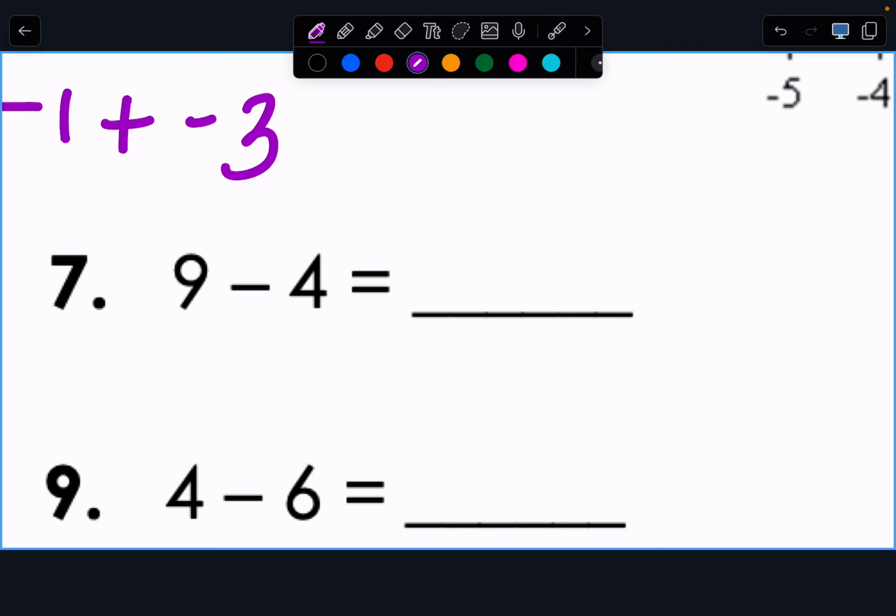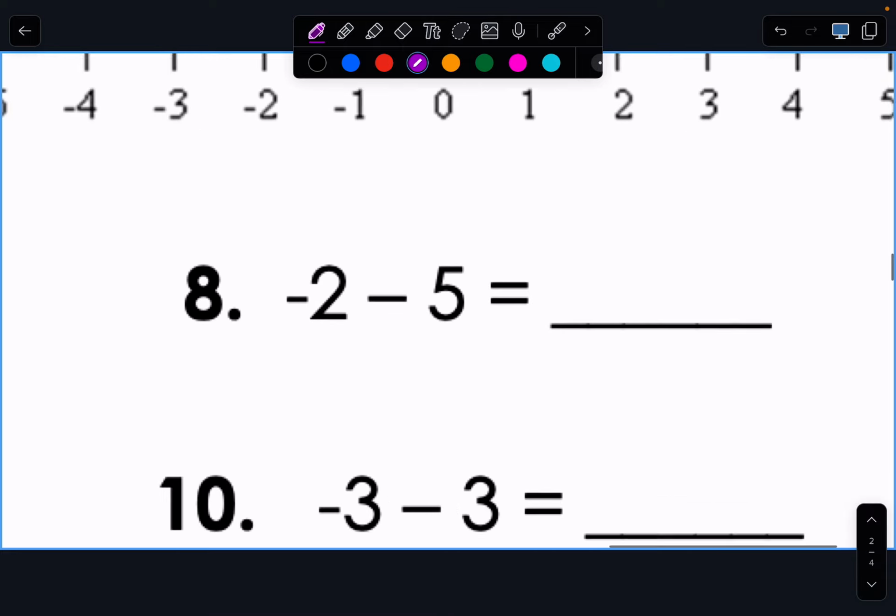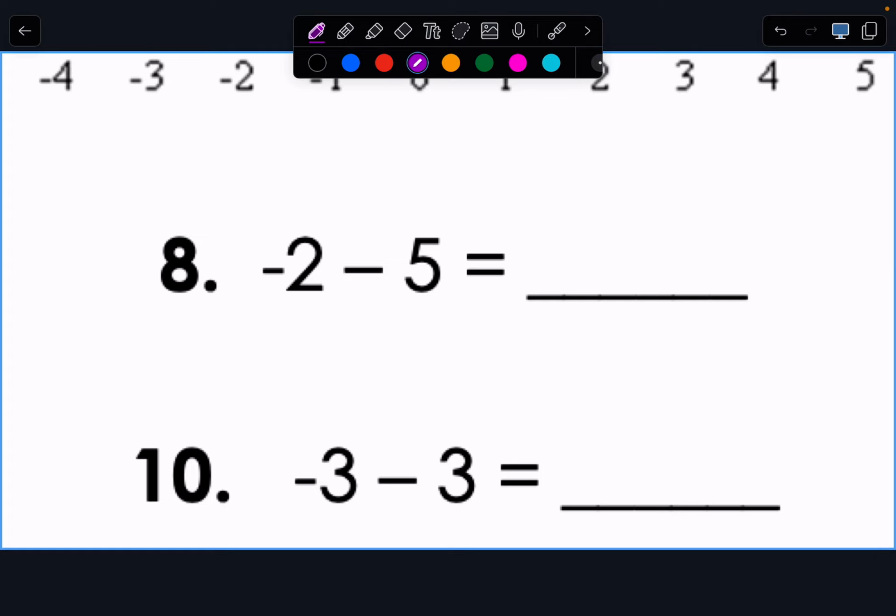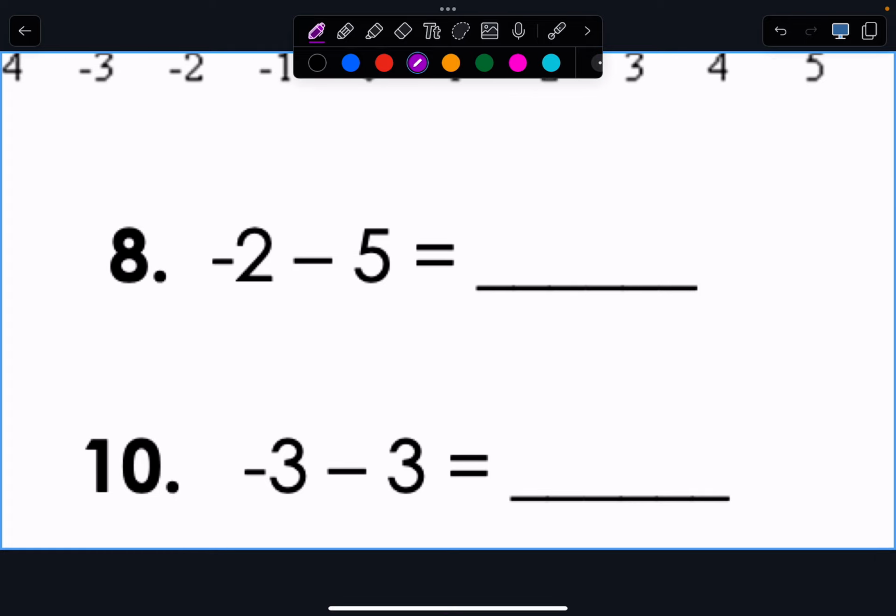We know 9 minus 4 is what? 5, okay? So it's okay to do normal subtraction too, right? But when we have negative numbers, sometimes we're not quite sure how to handle it. So if it's a subtraction, we add the opposite. So you can write -2 add -5, okay? Or if you don't want to rewrite it at all, we keep that first number as is, but then we're going to change the subtraction to addition and change our second number to its opposite. Add the opposite. What's -2 plus -5?